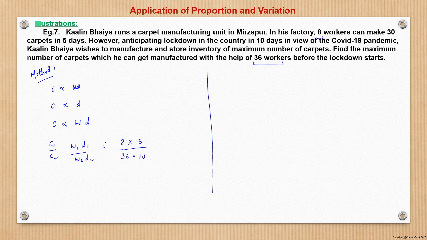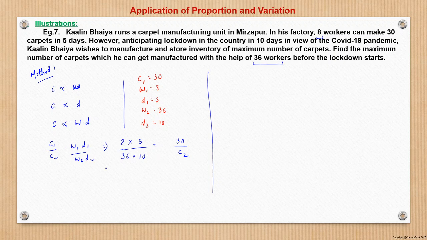And here C1 we know, C1 is given as 30 carpets, C2 we have to find. So basically W1 is 8, D1 is 5, W2 is 36, D2 is 10, and C1 is 30 units, right?